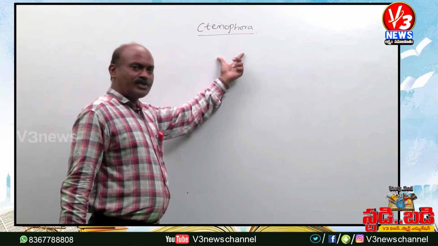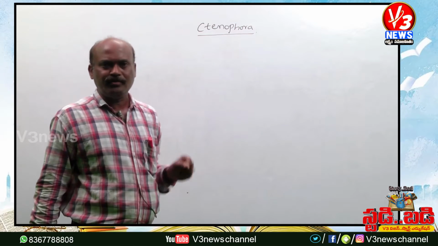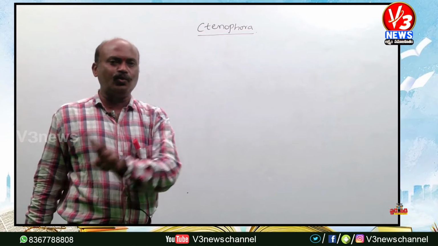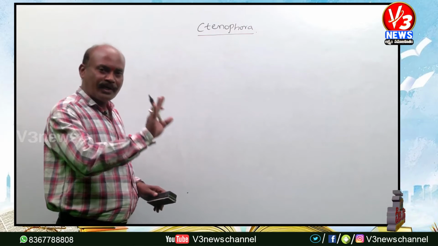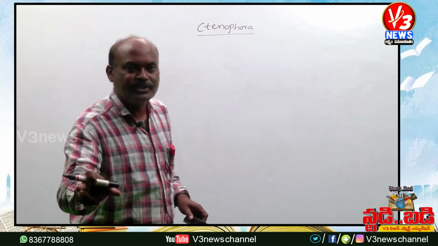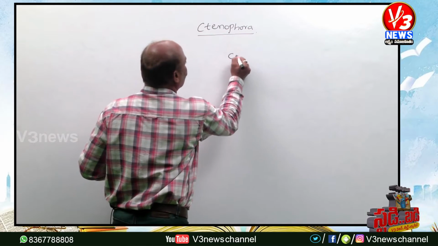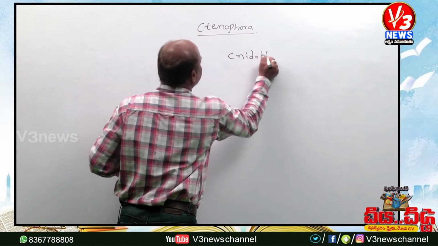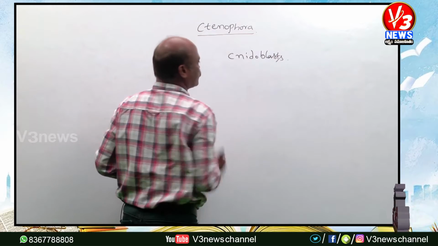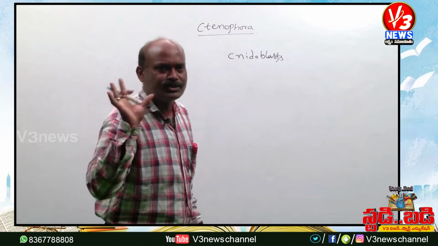The coelenterates, yesterday we discussed that point. The coelenterates are classified into two types, based on the presence or absence of cnidoblast cells, or cnidoblasts, otherwise called cnidocytes.